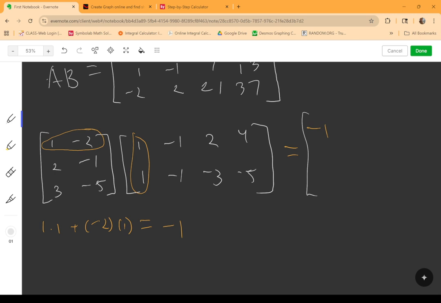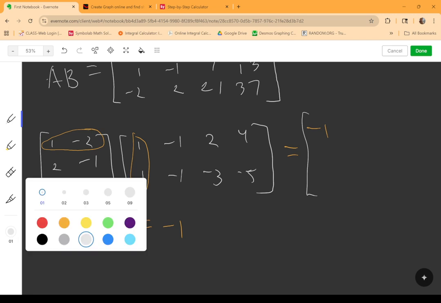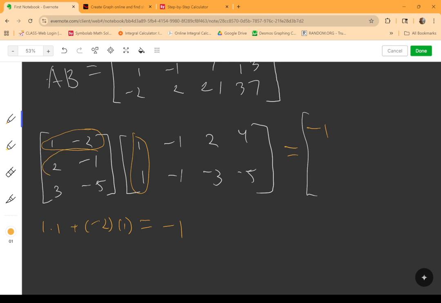To get the second row in that first column, I move on to my second row, but I'm still in that first column, and perform 2 times 1 plus negative 1 times 1. That gives me 2 minus 1, so that is a positive 1.